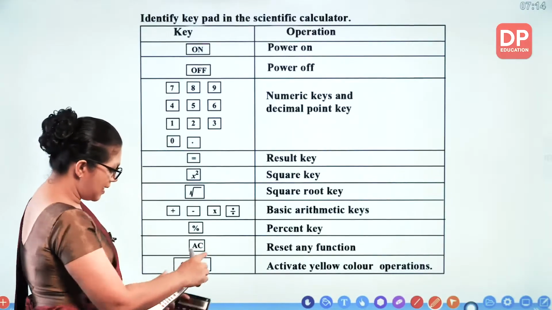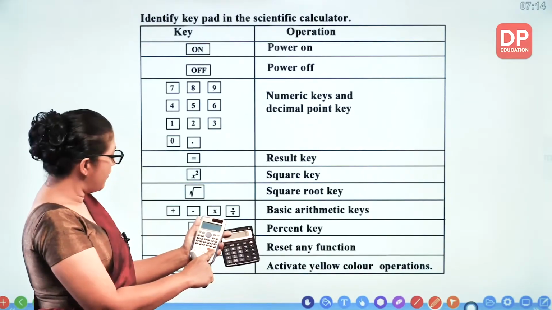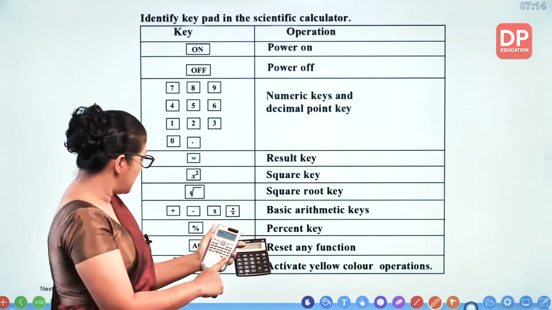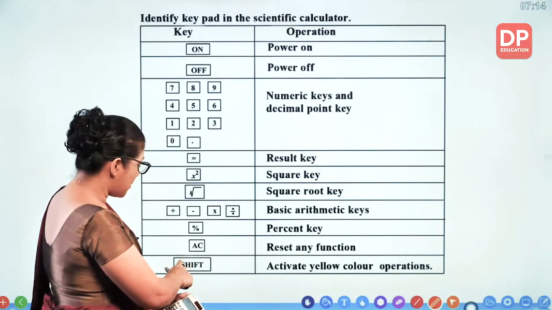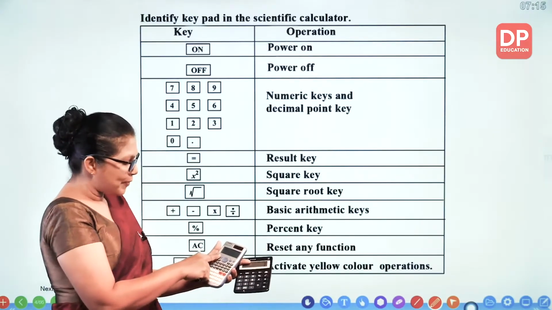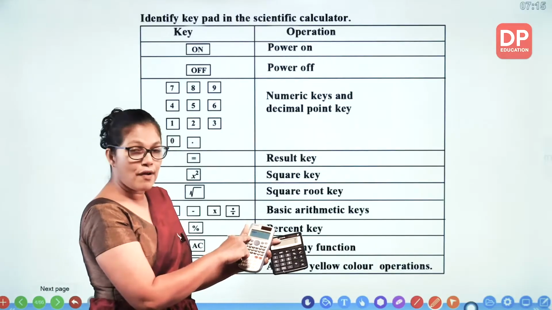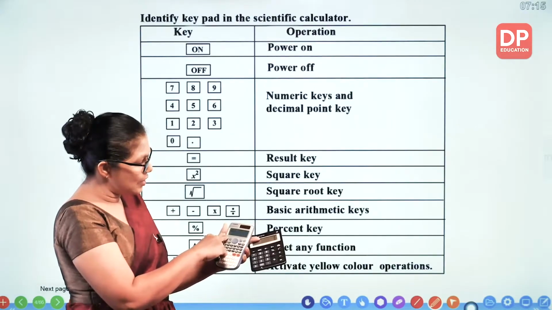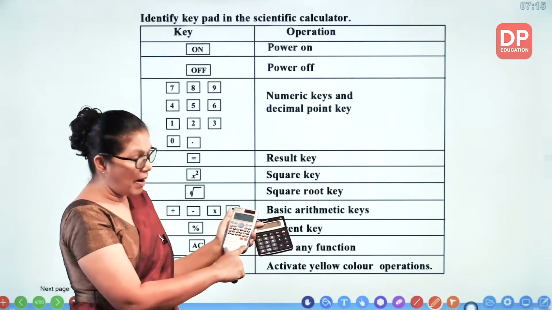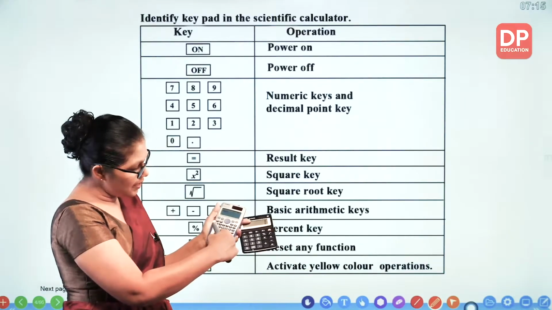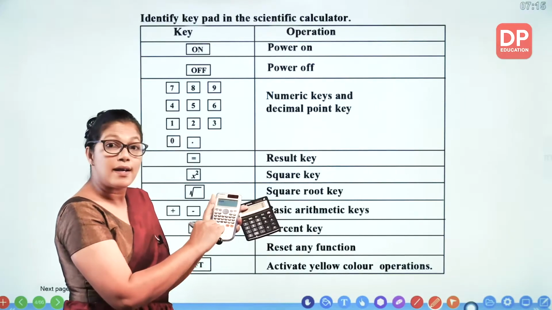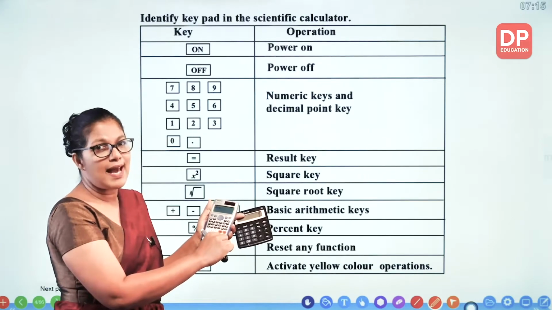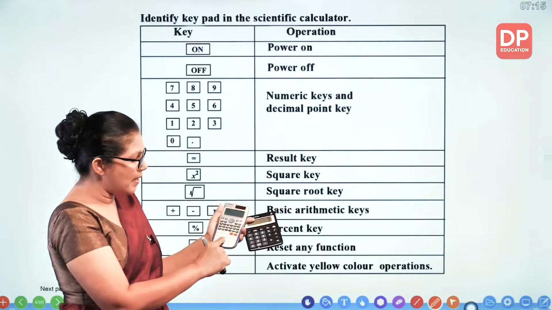And AC to erase everything you did before, and there's a button called shift. So shift, there's a color for that. When you press shift and any button here, the yellow color functions activate, not the normal button.